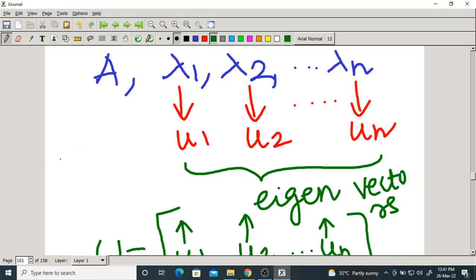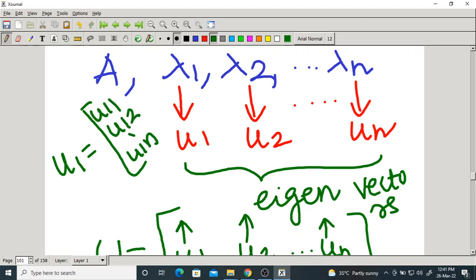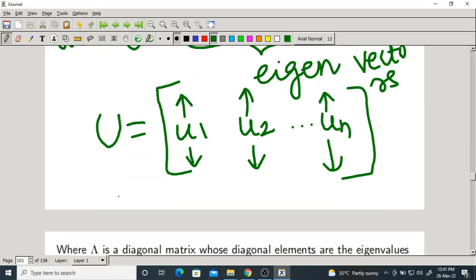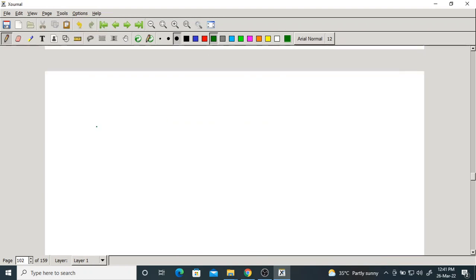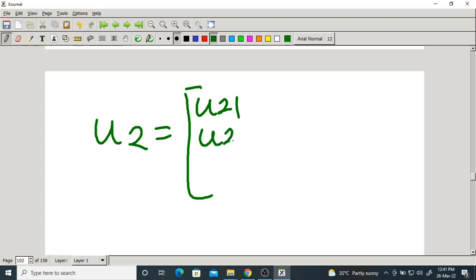U1 is a vector, not a value or element. What is U1? U11, U12, so on, U1n. Next, U2 is another eigenvector: U21, U22, U2n, and so on.